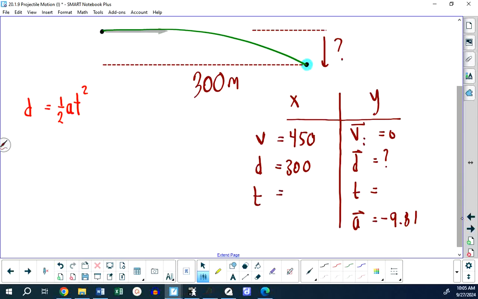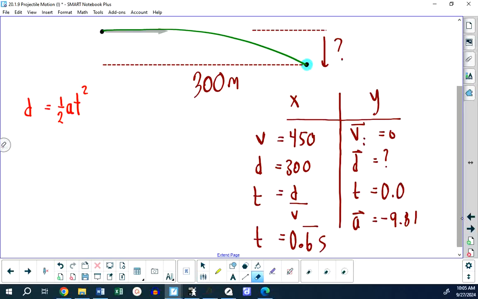So the time is the distance divided by the speed. It's 0.67, I think, 0.666. Is my thinking correct there? Clear? 0.6 repeating seconds. I might as well write 0.6 repeating because I want to now put it into this list and use it in a further calculation.